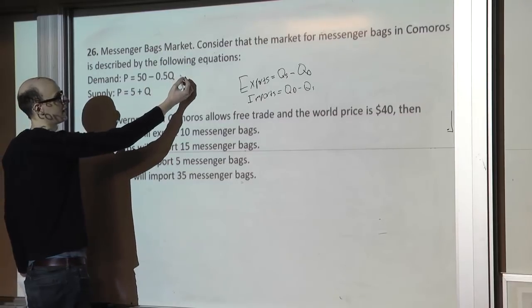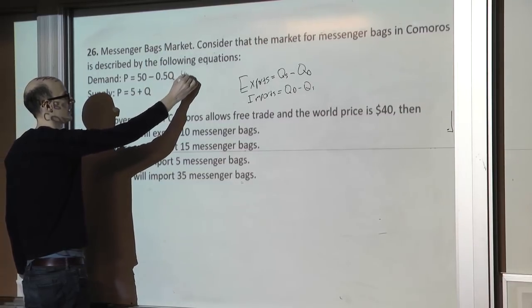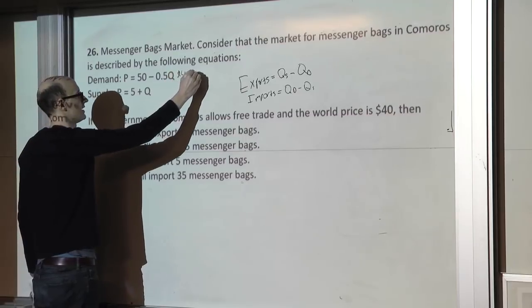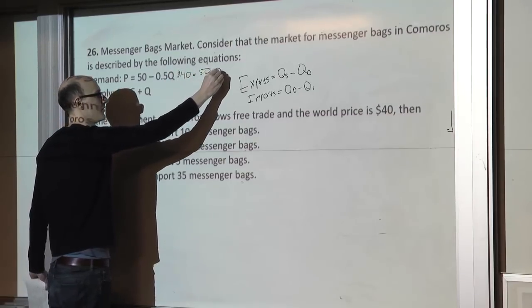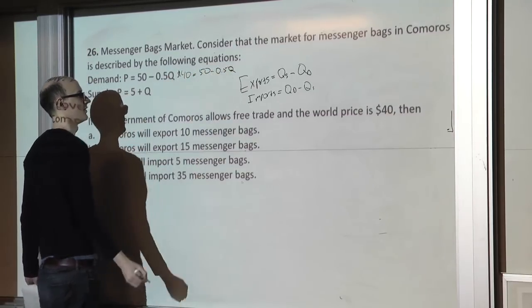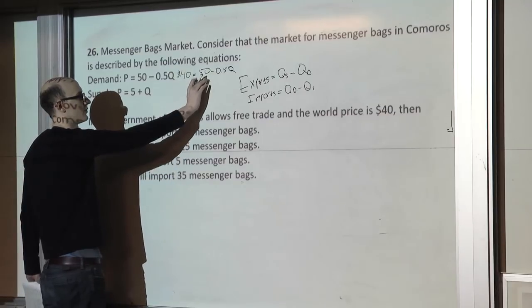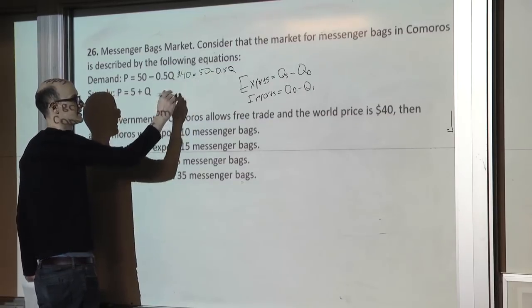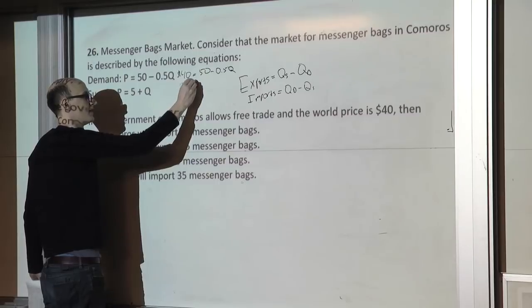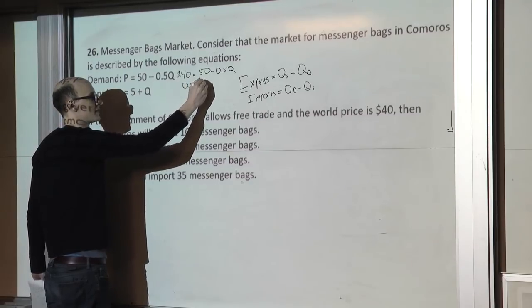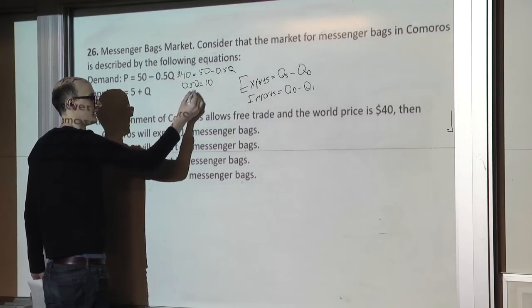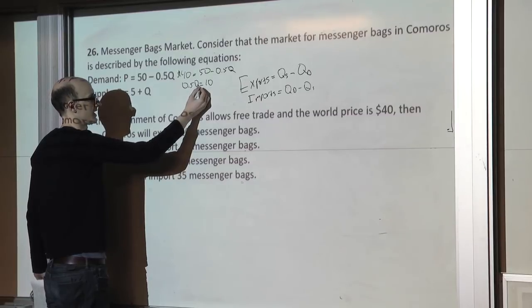So we do 40, the world price, equals 50 minus 0.5 Q. So we can move this to this side and this to this side. We get 0.5 Q equals 10. This is for quantity demanded.